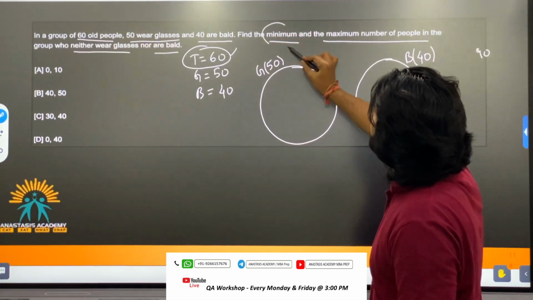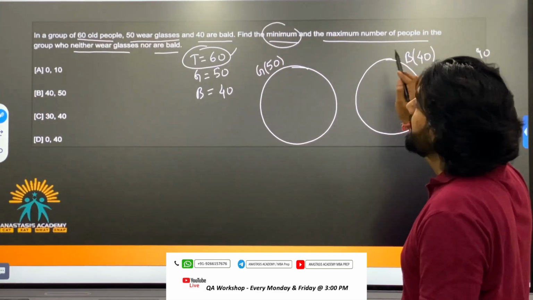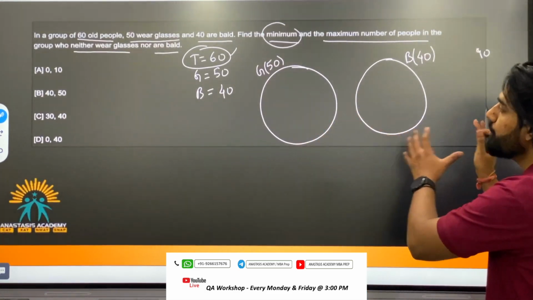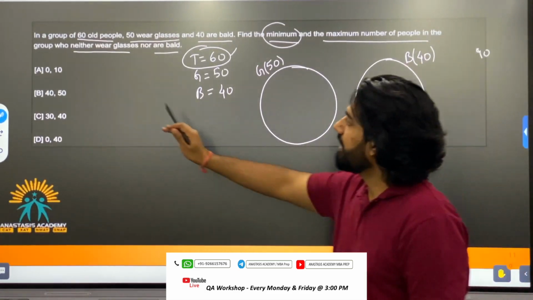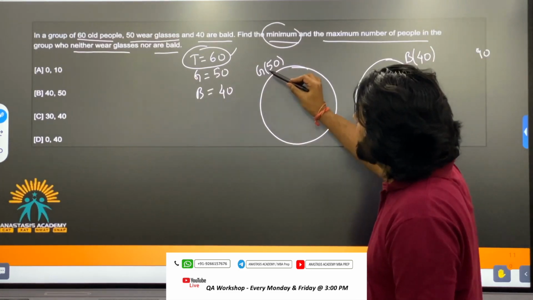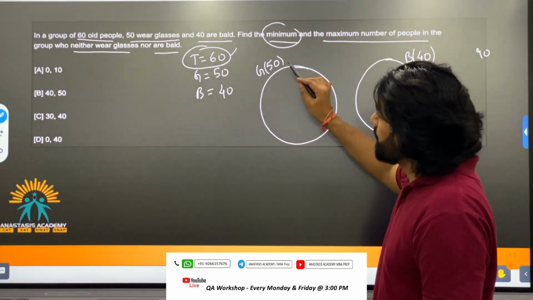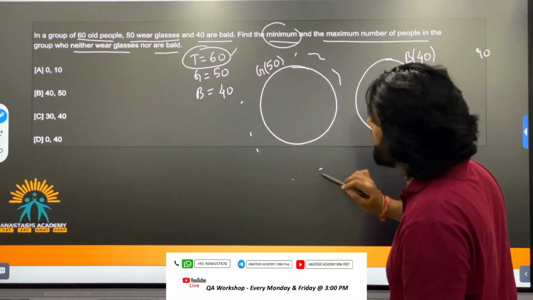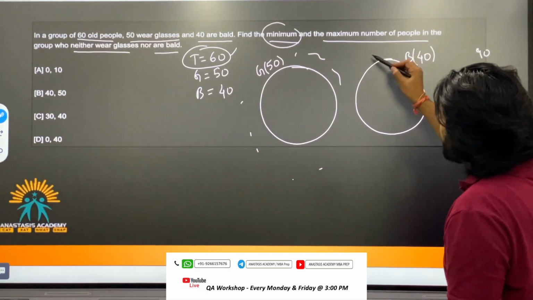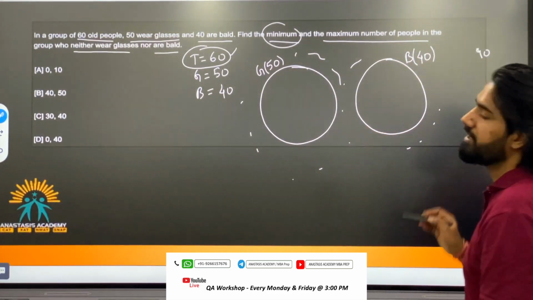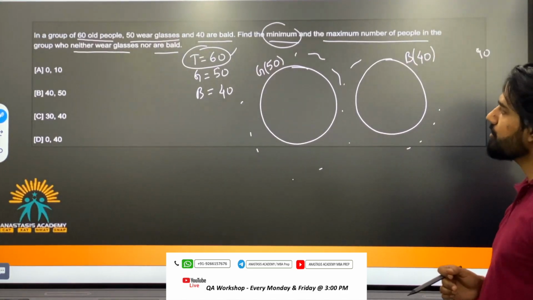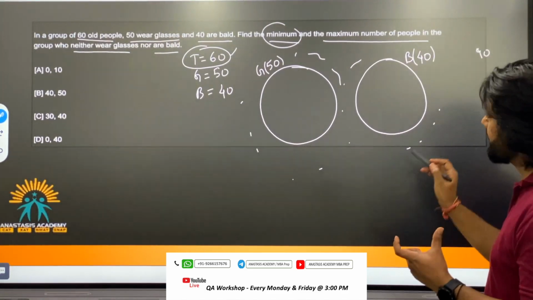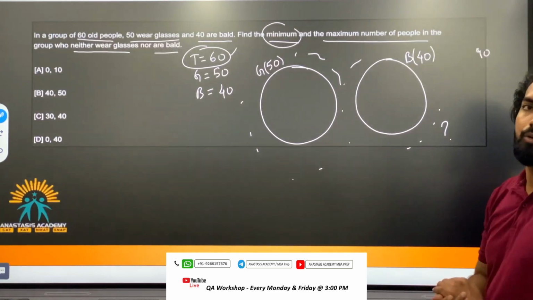Find the minimum and the maximum number of people that are outside these two regions. This is asked: who neither wear glasses nor are bald. People not wearing glasses are outside this set, and people who are not bald are outside this set. So I have to maximize or minimize that value.